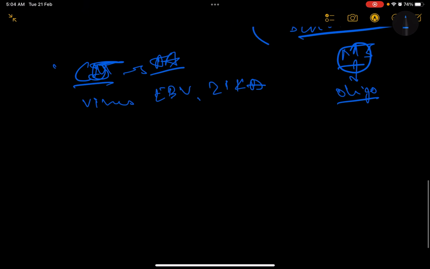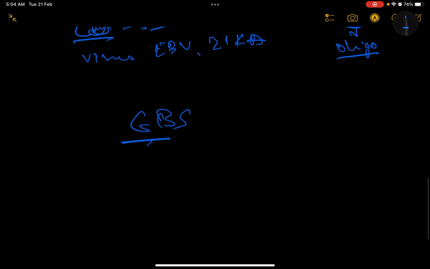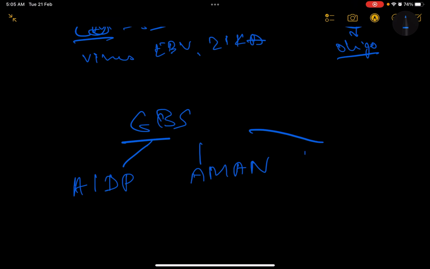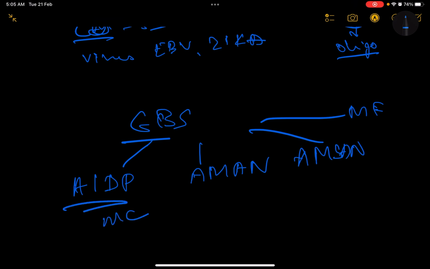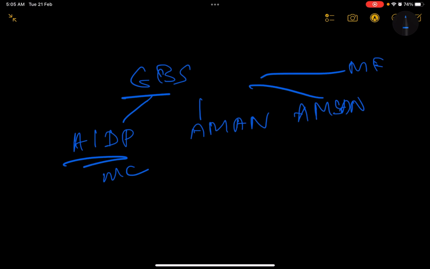Now, when we say GBS, the Guillain-Barre syndrome, it has different varieties. One is your AIDP, one is your axonal motor or AMAN, second is your AMSAN, third is the MF. AIDP is basically the most common one. I'm just trying to cover the basics out here, that's why I'm giving the types.